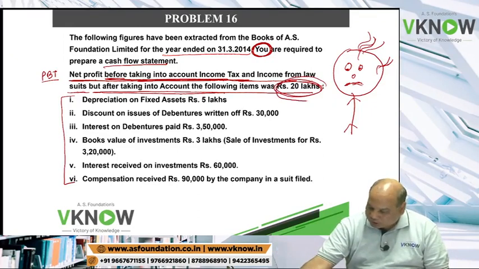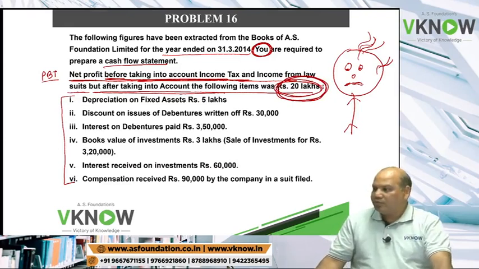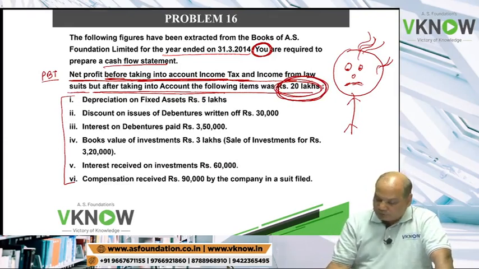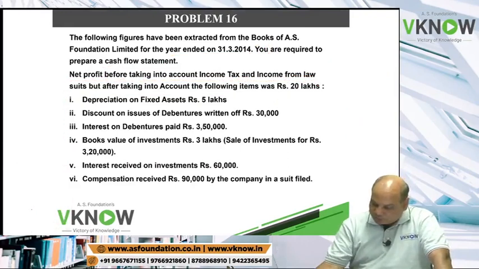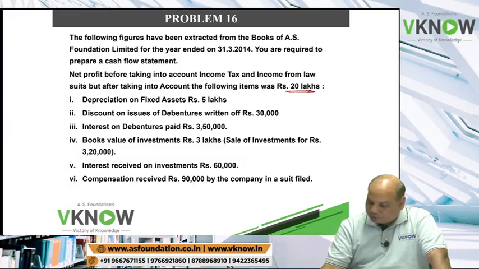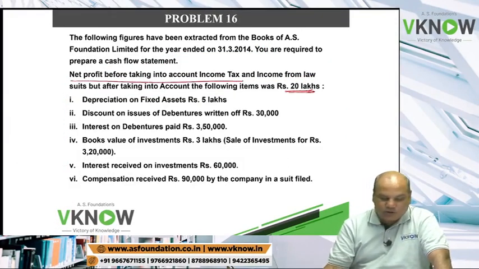So I will start from profit 20 lakh. My starting number will be profit of 20 lakhs. Okay, so 20 lakh net profit before tax. This is my starting number.